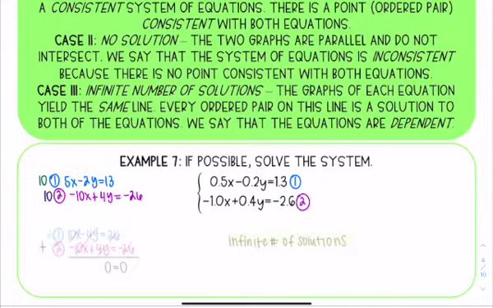And so this is a lot easier to work with. I want to be able to get rid of one of my variables. I have a 5 and a negative 10, and I have a negative 2 and a 4. Either one is going to be pretty easy to get rid of. So let's go ahead and multiply equation number 1 by 2 so that we could get rid of our x's, because I'm going to get a positive 10x and I already have a negative 10x.